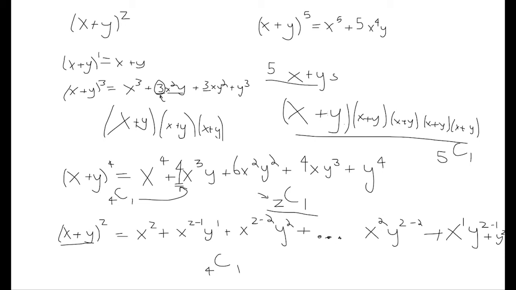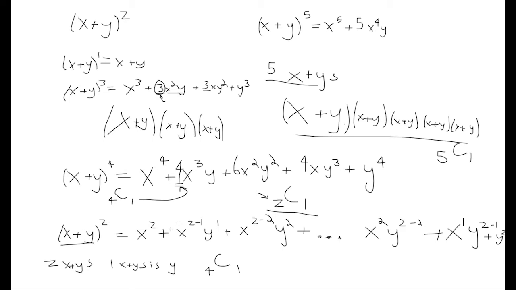Depending on how many x plus y's we have multiplied together, we know that we need to pick one of those x plus y's to be a y, right? So if we have z x plus y's, and we need to pick out one of those x plus y's to be y, the number of combinations for doing that is z choose 1, where z represents however many x plus y's there are, or in other words, whatever the exponent is.